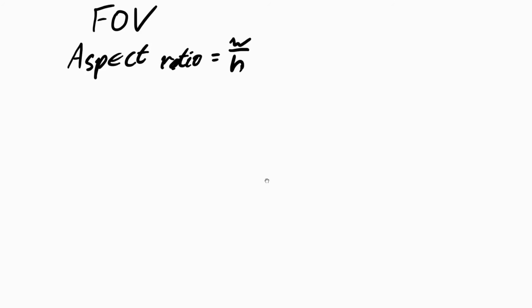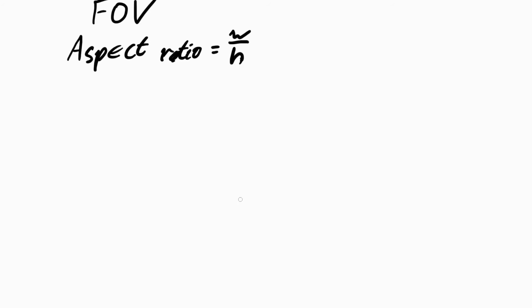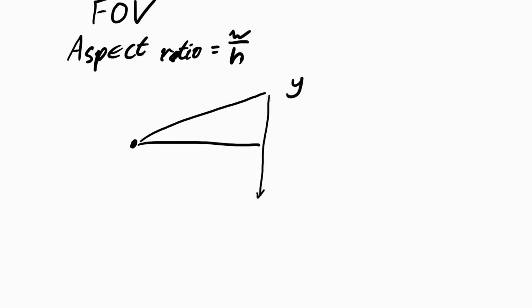And now we also need to know the field of view. So again, there are several ways of describing what it might be that will give you different results, but in this video we're going to consider it if this is vertical, so this is y up here, this is the field of view, this angle here.